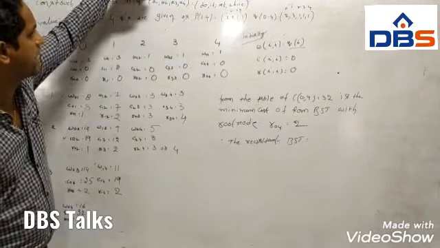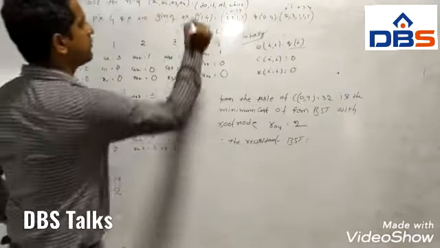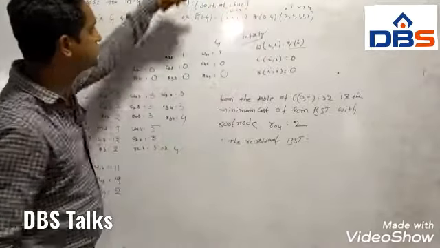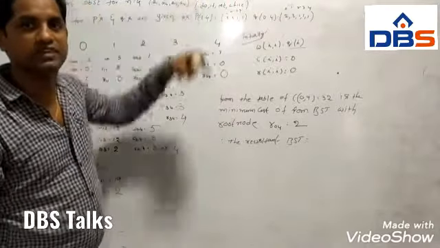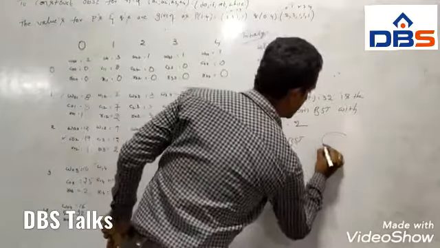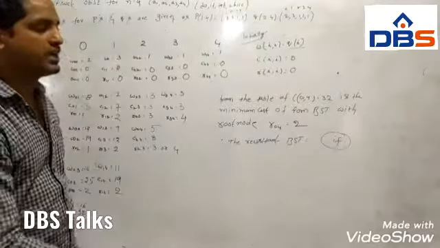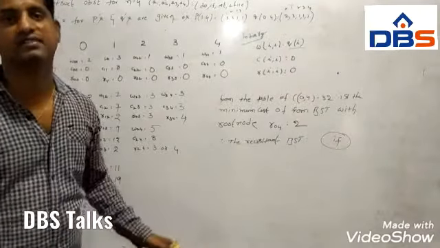See, the given values are A1, A2, A3, A4. That is like 1, 2, 3, 4. Which is the second one? If. So if is the root node. See, if is the root node. Okay, now we construct left subtree and right subtree.